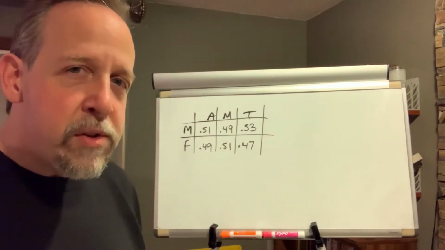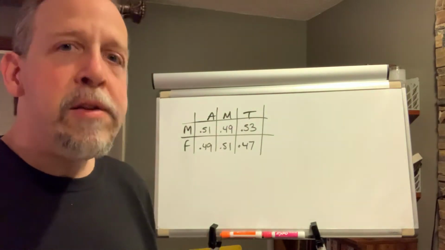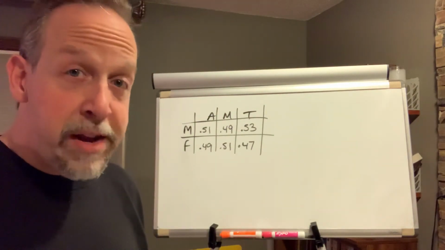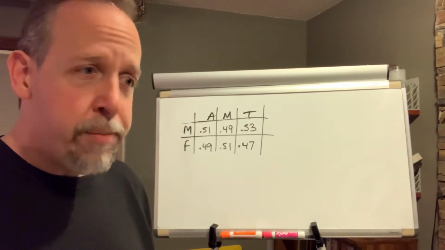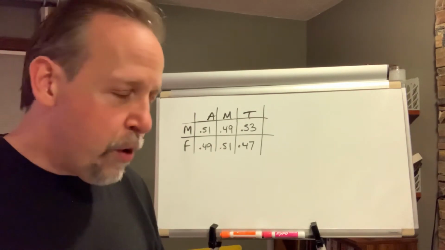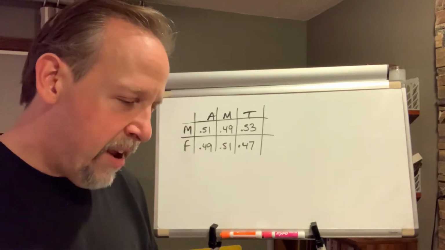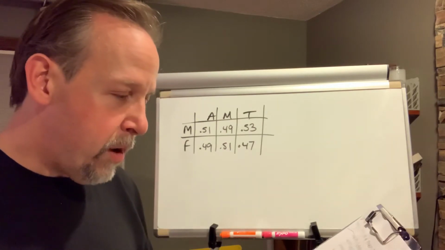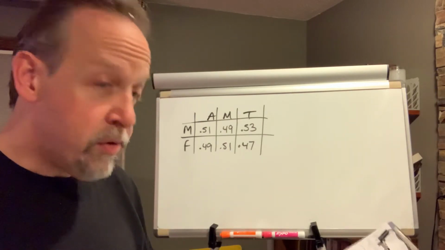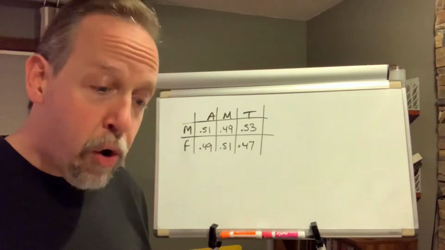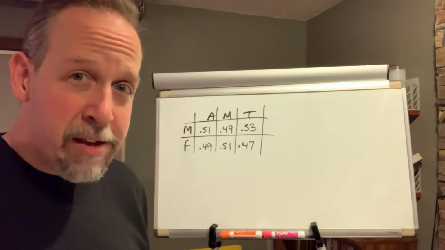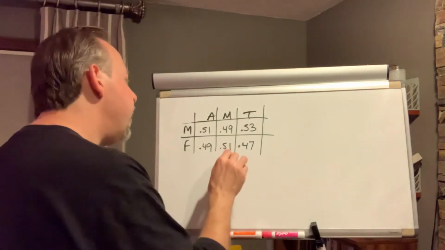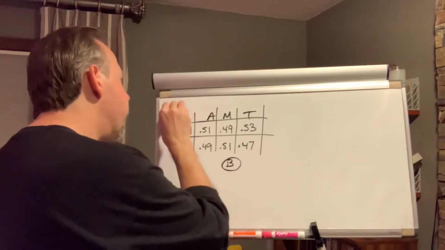When there's no association, we say that it is independent, meaning the choice of major did not depend on a person's gender. So the best answer for that is answer B. There was no impact. So they are independent because they are all pretty much the same value. Answer B for question 2.